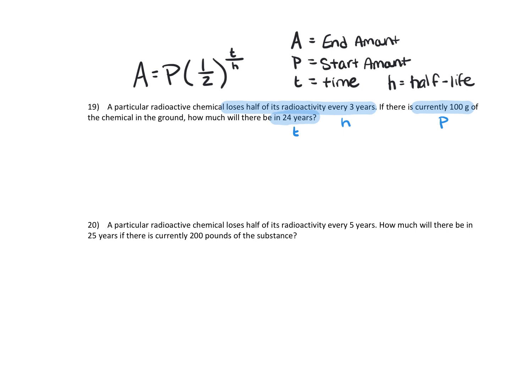So when we set this up into our equation, we'll have A is equal to our starting amount of 100 grams times 1/2, it's always going to be times 1/2 for a half-life problem, to the power of 24 divided by 3. So if we were to simplify, this would be 100 times 1/2 to the power of 8.